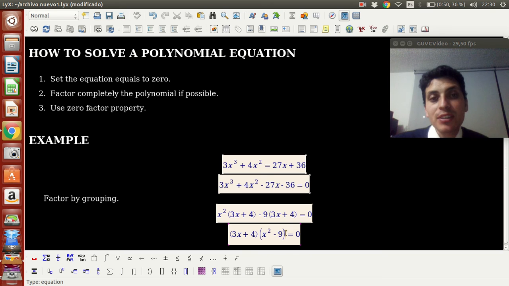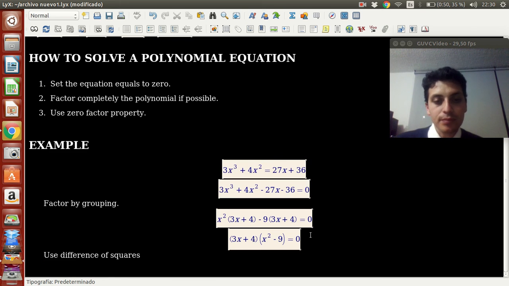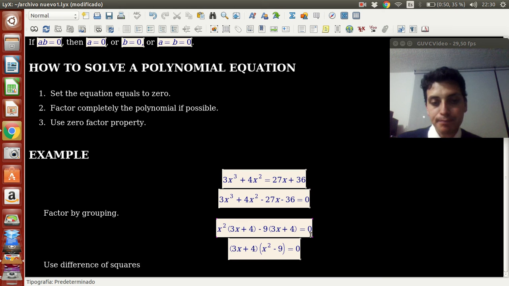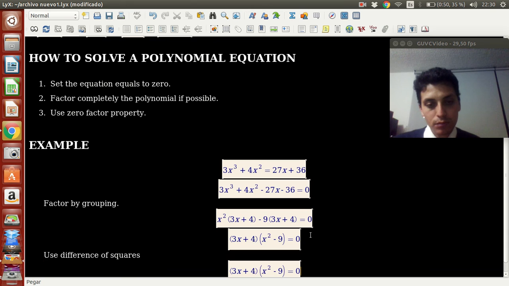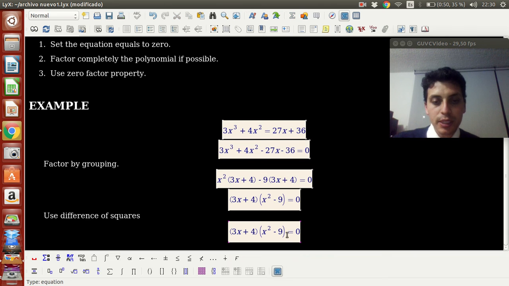It's a difference of squares. The square here is x and the square here is 3.